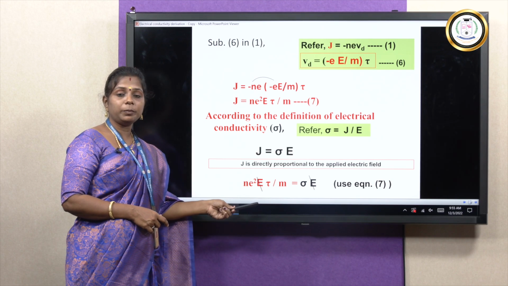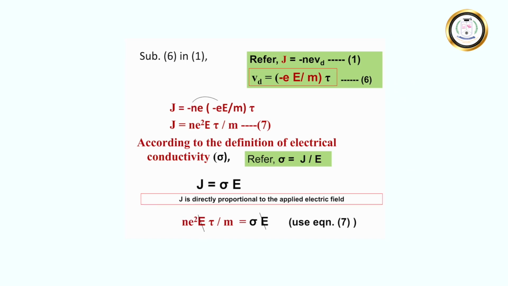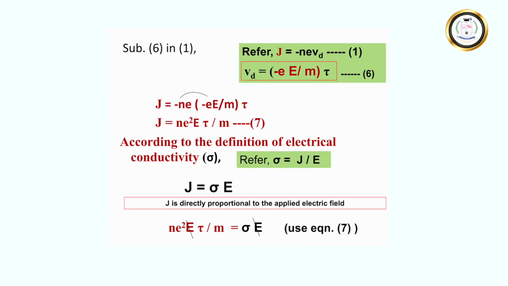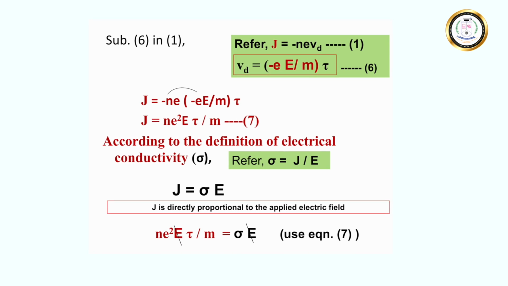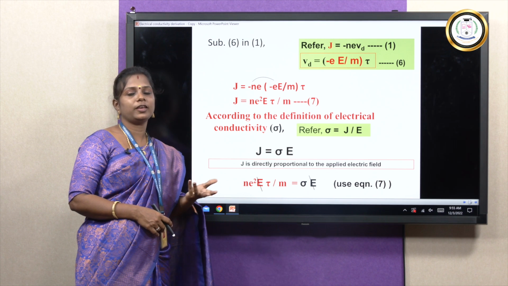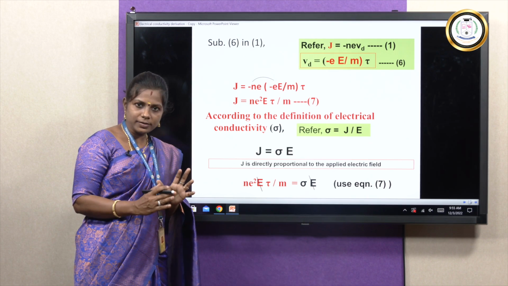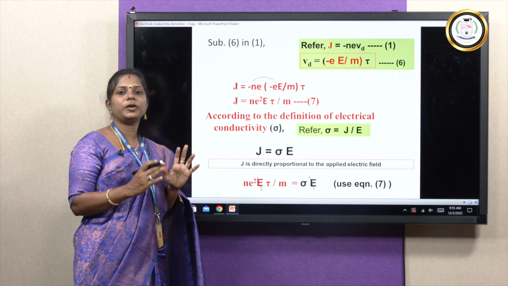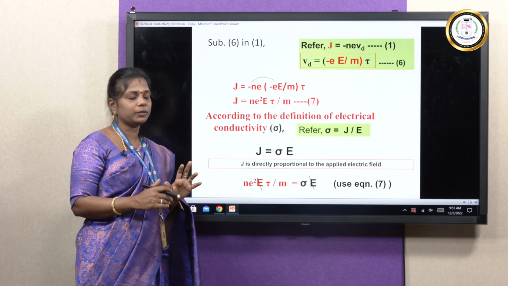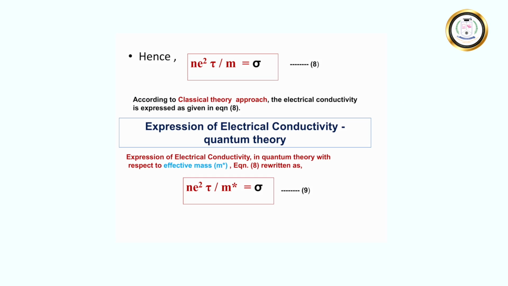Here the capital E represents the applied electric field. So, we get N e square tau by m is equal to sigma. See, we obtained the expression of electrical conductivity. This is the final expression of electrical conductivity according to the classical approach: sigma is equal to N e square tau by m.